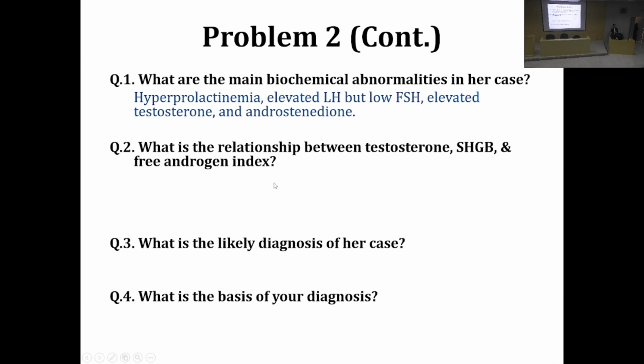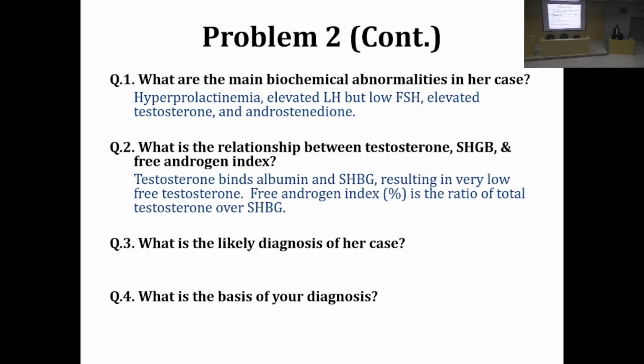Why did I do all these tests? We said I want to assess basically the active androgens, the ones that are free, the ones that are unbound to this sex hormone binding globulin. Testosterone binds albumin and sex hormone binding globulin, resulting in very low free testosterone.